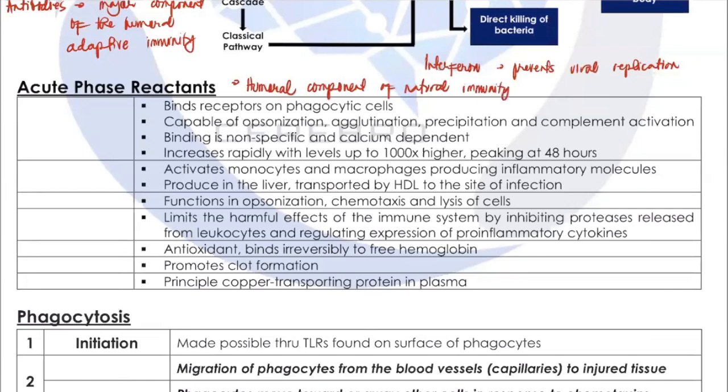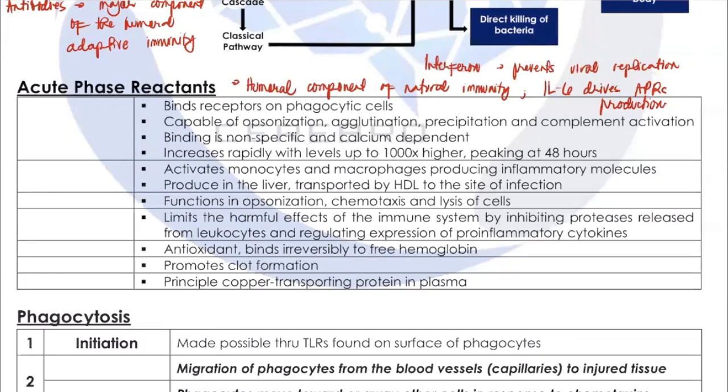So yung ating mga acute phase reactants, most of them are produced in the liver, driven by interleukin 6. So yung interleukin 6, ito yung nagda-drive, drives acute phase reactant production. So, in general, yung definition natin for our acute phase reactants, these are substances that are increasing in concentration whenever there is infection.